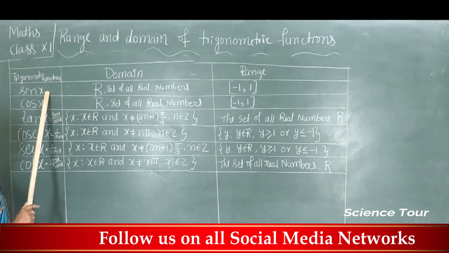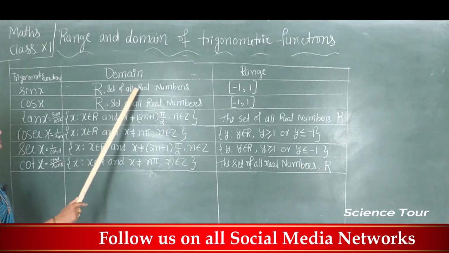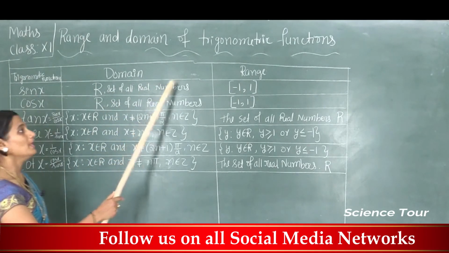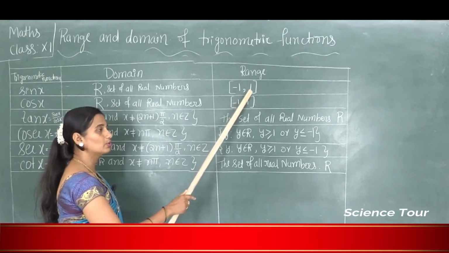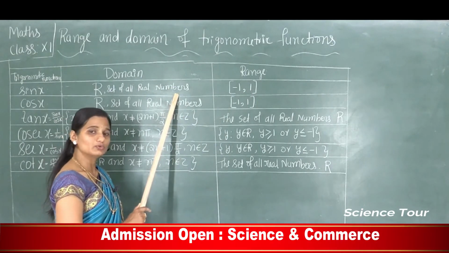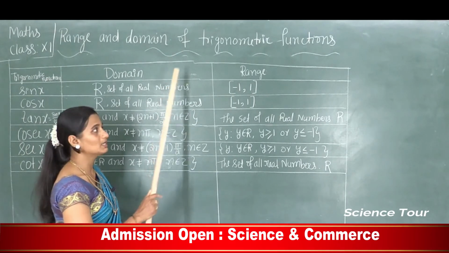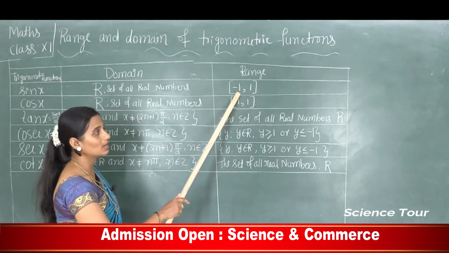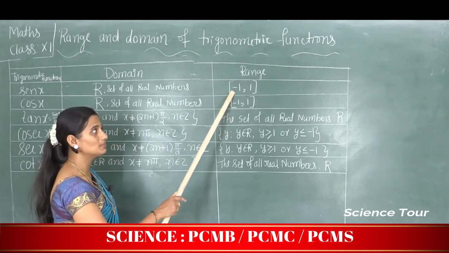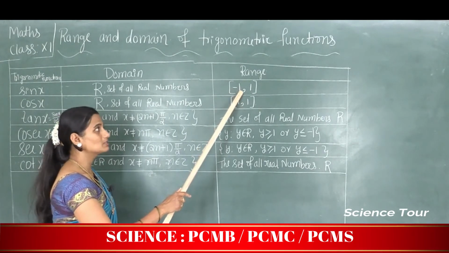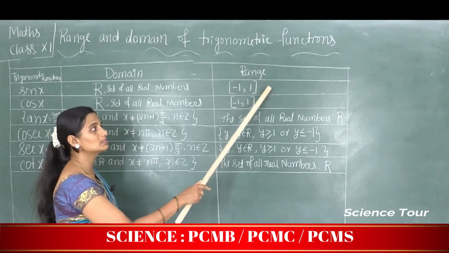So here the sine function is defined for all real numbers, and the range is what? Minus 1 to 1. Whatever angle you substitute in sin x, the value of sine is always within this range, that is the closed interval minus 1 to 1. It does not cross 1.